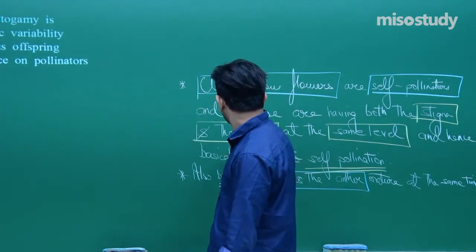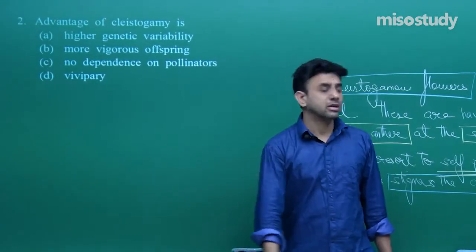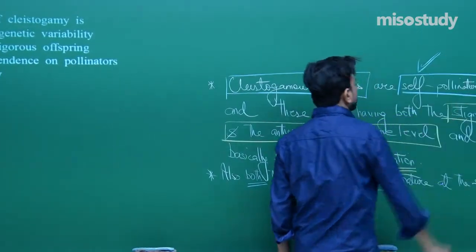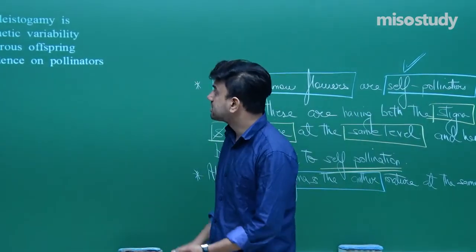Hence we got to know that these cleistogamous flowers are first of all self-pollinators.